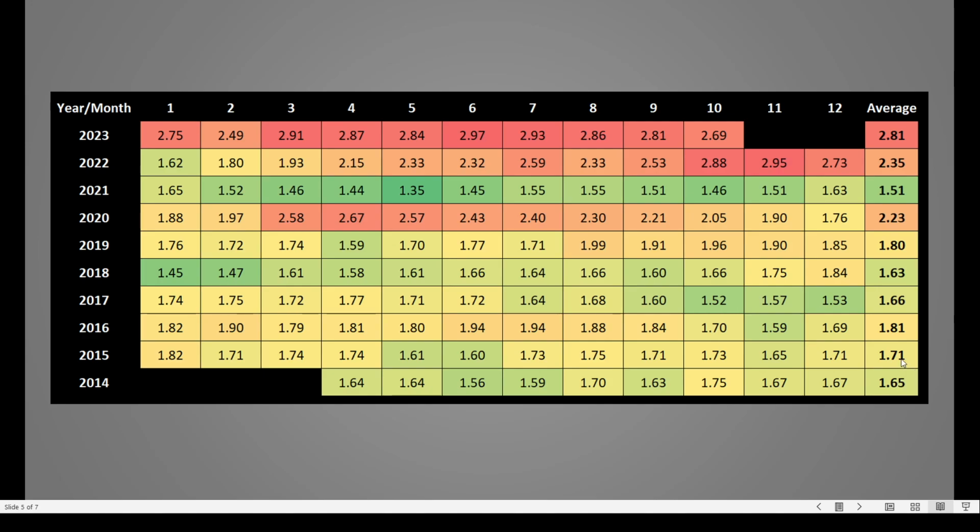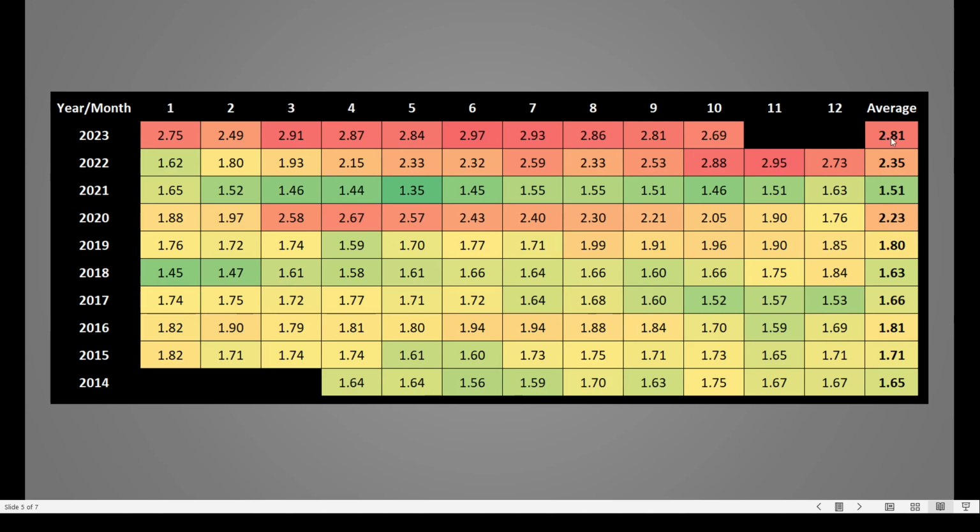2014 was 165, 2015 was 171. All of a sudden, 2020, that was the COVID crisis, mortgage spreads went up to 223. In 2022, with the emergence of the inverted bond market, which shows us a level of risk in the market, we had 235 mortgage spreads. Well, this year so far, January 275, February 249, March 291.